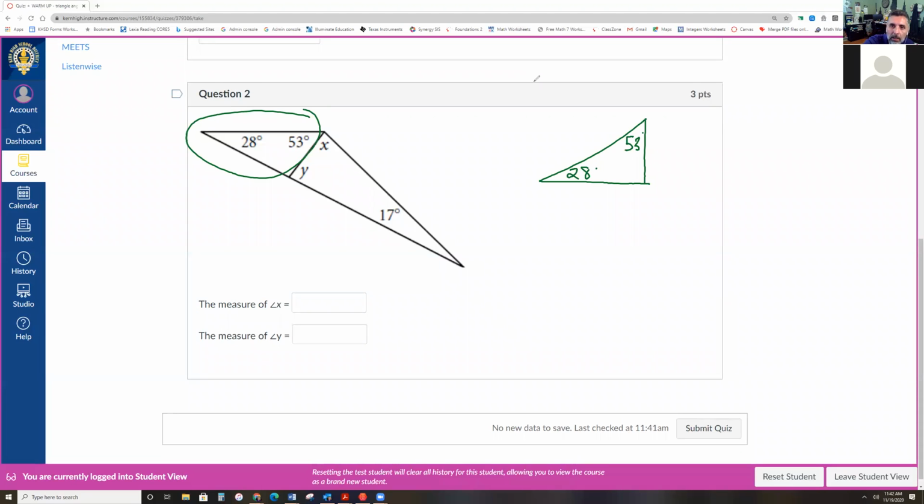So I take 180 and subtract out the angles I know. If I subtract 53 and 28, guess what I'm left with? I'm left with that angle. So 180 minus 53 minus 28, and we get 99. So I know this inside angle is 99.